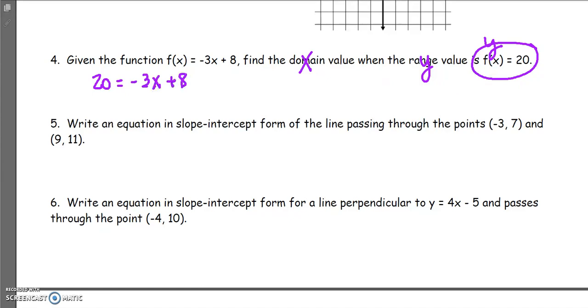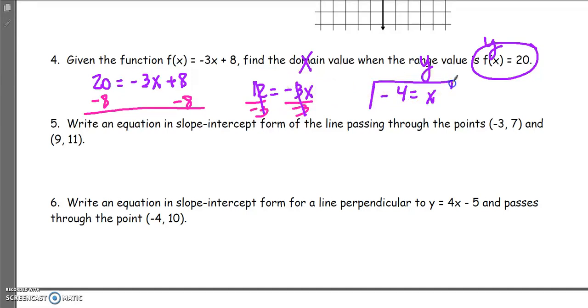And I can just solve for my x. I will subtract 8 from both sides, and that will leave me 12 equals -3x. Then I will divide by -3 on both sides, and that will leave me -4. So my x, or my domain value, is going to be -4.